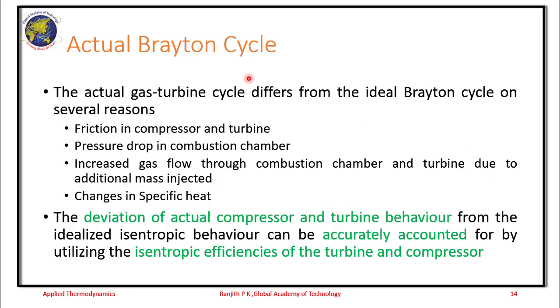The actual Brayton cycle differs from the ideal Brayton cycle for several reasons. The friction in the compressor and turbine is not considered in the ideal cycle, whereas in reality there is some friction, and the compressor and turbine do not operate at 100% efficiency. There is also usually some pressure drop in the combustion chamber when the fuel and compressed air come in contact.